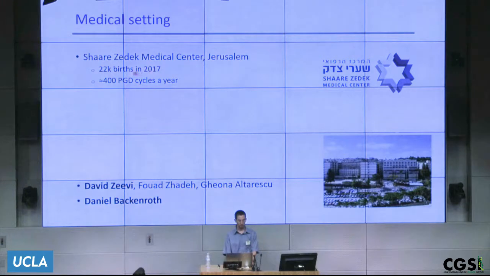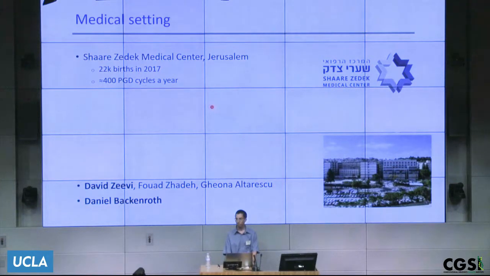And Shai Carmi Medical Center, which is just one hospital in Jerusalem, had 22,000 births last year. I don't have official statistics for that, but I looked it up online, and it would make it by a huge gap the 3rd largest in the United States. So that's pretty big. The second fact is that IVF is free in Israel. That may sound crazy, but it's actually true, up to 2 children per couple.